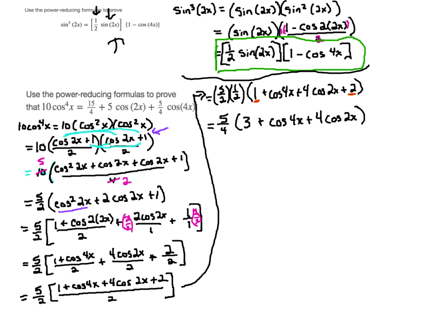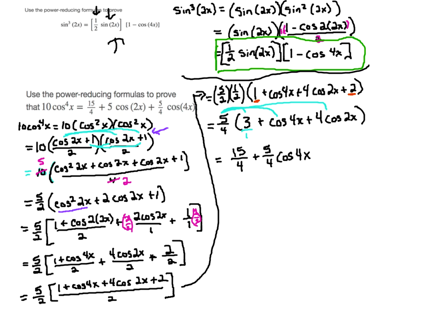Okay, so now I'm just going to distribute to each of my terms here. And that's a 3/1 right there. So that first term is 15/4 plus 5/4 cosine 4x.